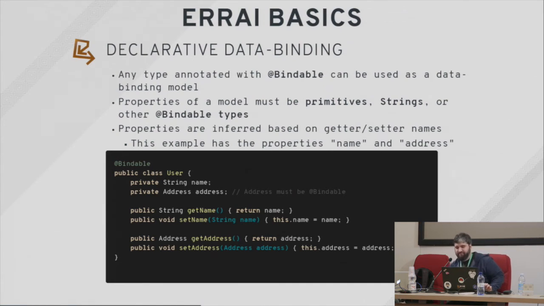Yes? Is it also possible to bind a generic object like a map of key values? It's actually a feature that we recently added. It's still experimental, so it's not really part of our public API right now.